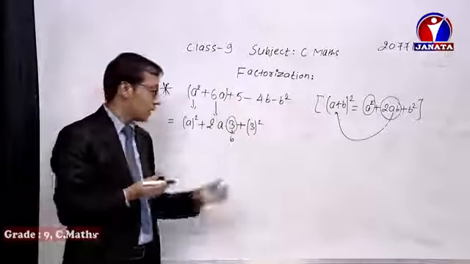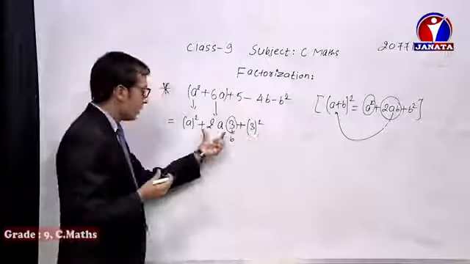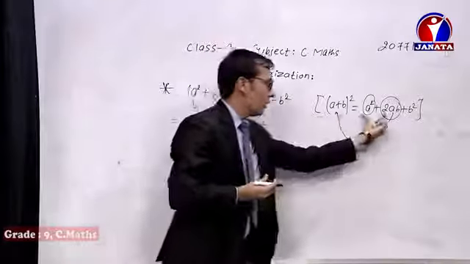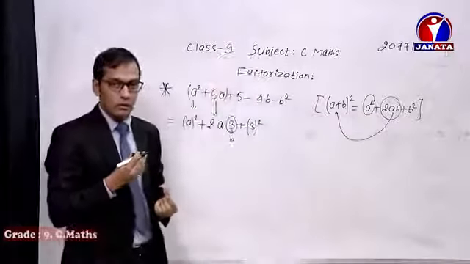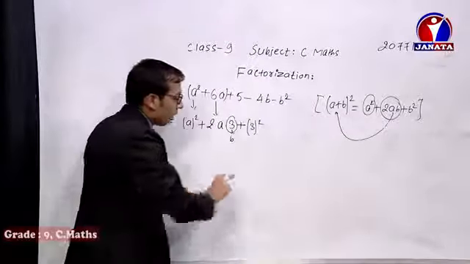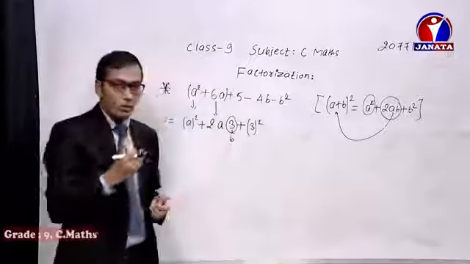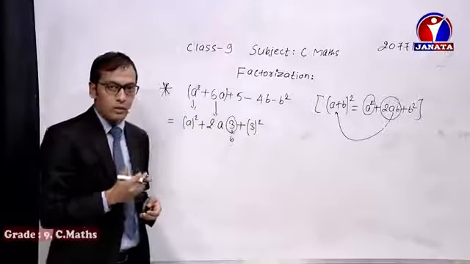So I am adding this extra term to change this into a square plus 2ab plus b square form. So here 3 square is an extra term added to convert into a perfect square.